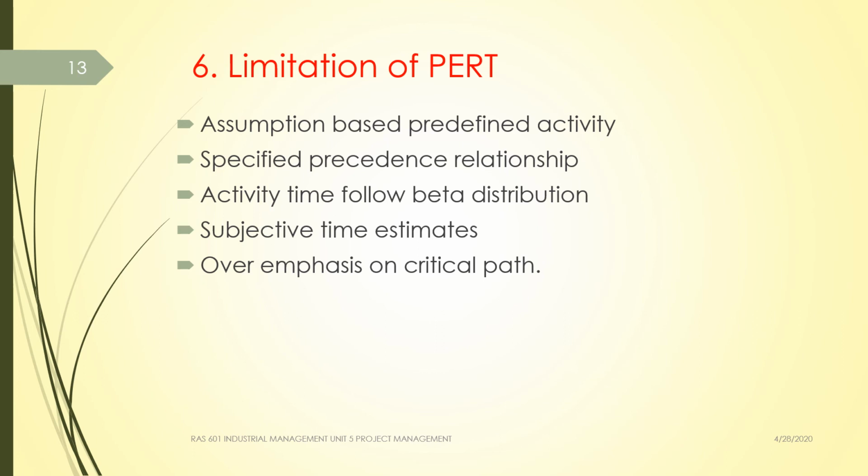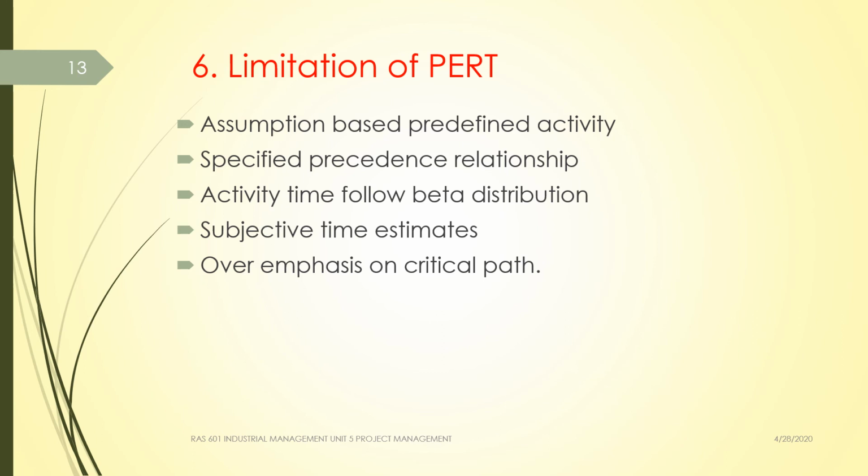Yes, but our analysis relies more on, and the emphasis is more on, the estimation of the critical path only, and not on the minimum time. So these are the limitations of PERT analysis.